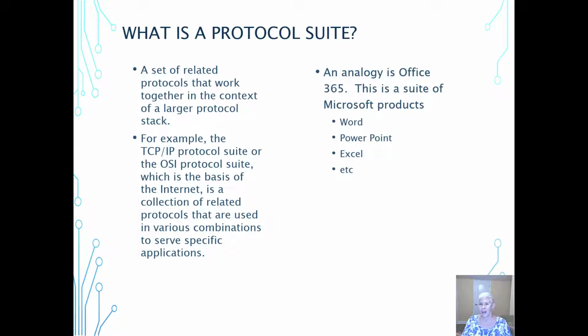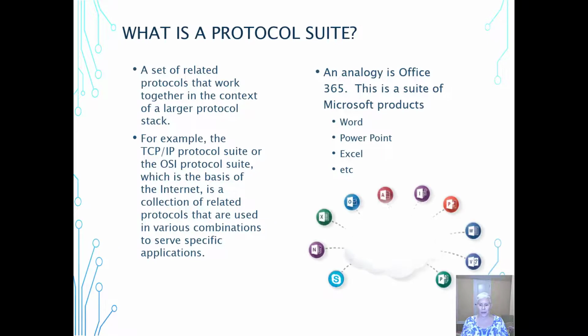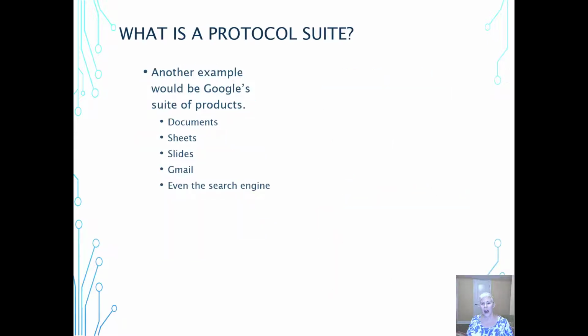An analogy of another type of suite might be Office 365. This is a suite of Microsoft products: Word, PowerPoint, Excel, etc. Microsoft has a suite of different products. You can use them individually or together. Another example might be the Google suite of products.